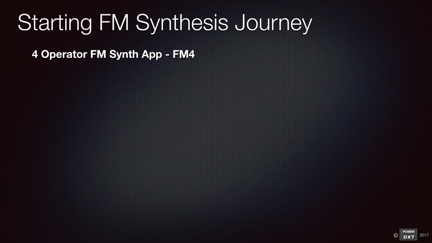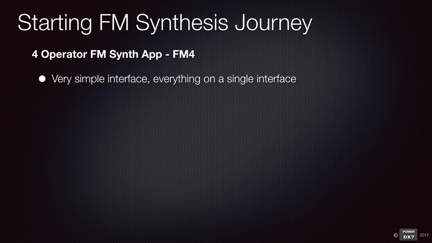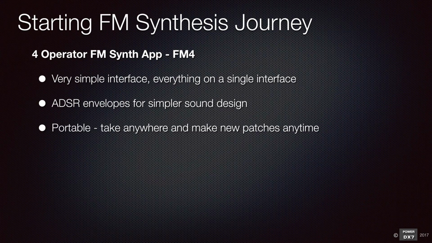What I really like about this FM synth is that it has a very simple interface. Everything is on a screen. It has much simpler envelopes using ADSR for quick sound design. It's so portable and you can take it anywhere. I take it to my work and make some patches during my lunch break.